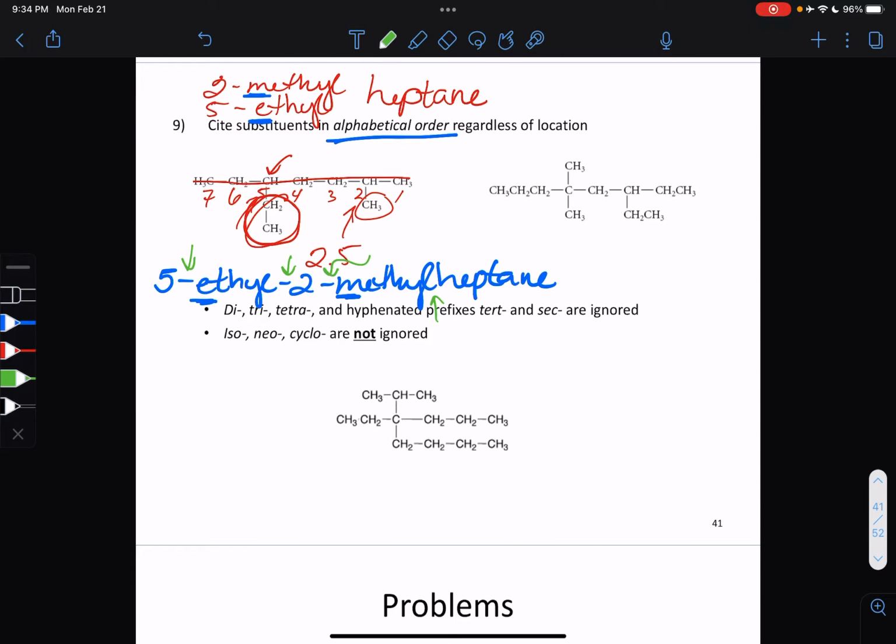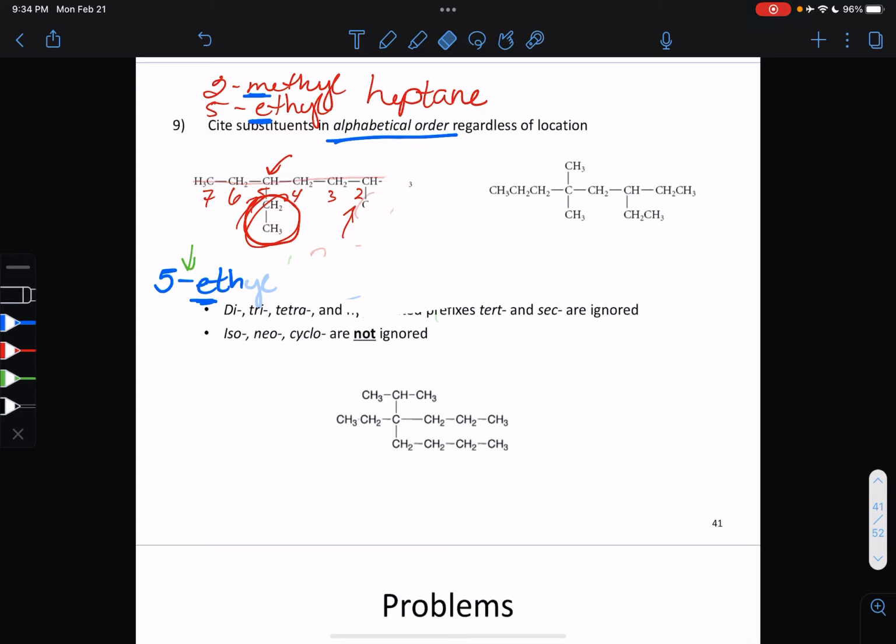All right, looking at the problem towards the right, let's give ourselves a little more room over here, do some erasing, and take a look at this right here. Okay, looking for the longest continuous carbon chain. Let's just try left to right horizontal, because that's usually what our brains want to go to.